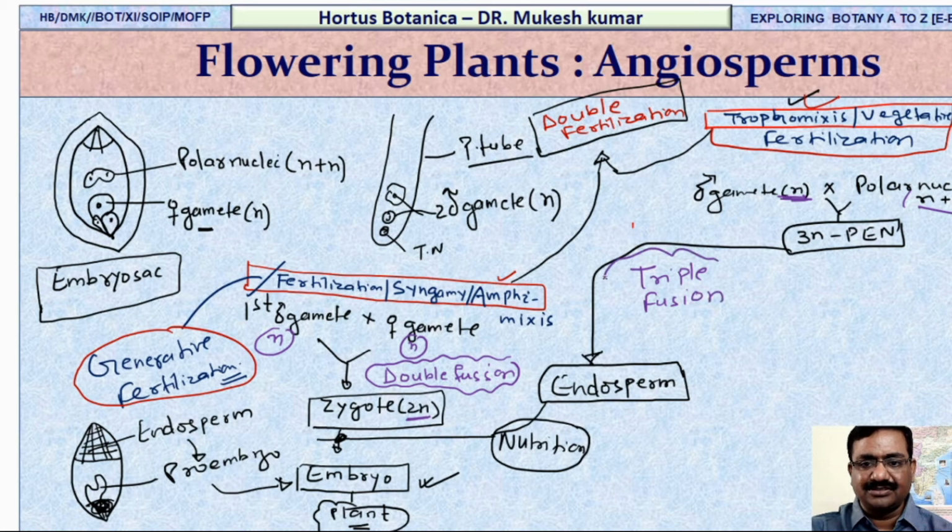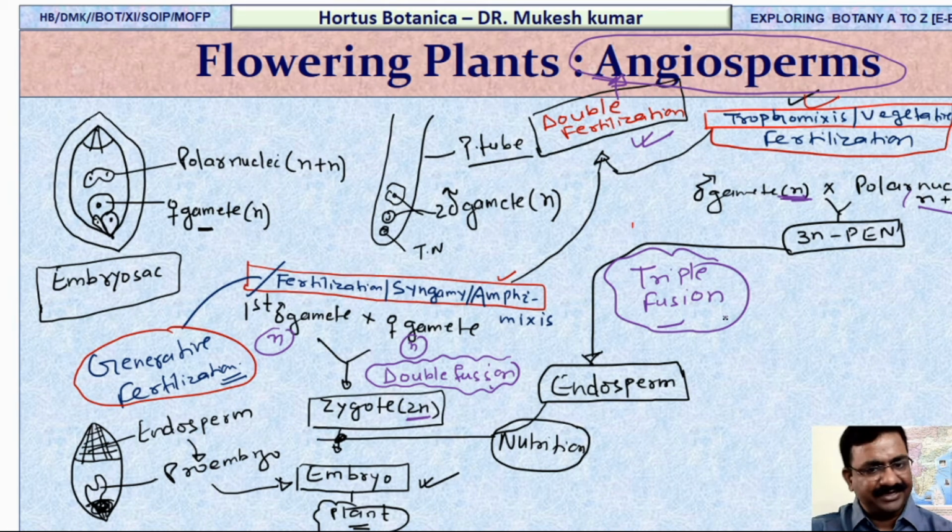So you can also say double fusion plus triple fusion constitute double fertilization, and this double fertilization is the characteristic feature of angiospermic plants, isn't it?